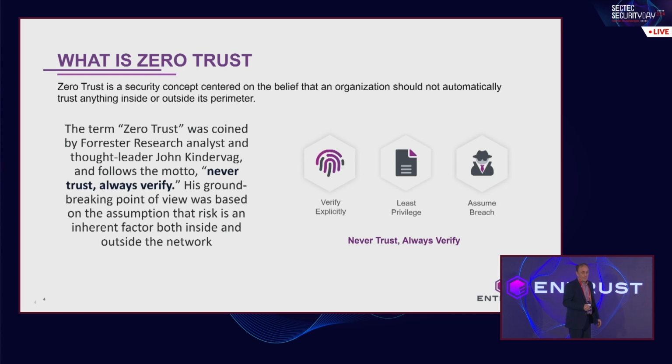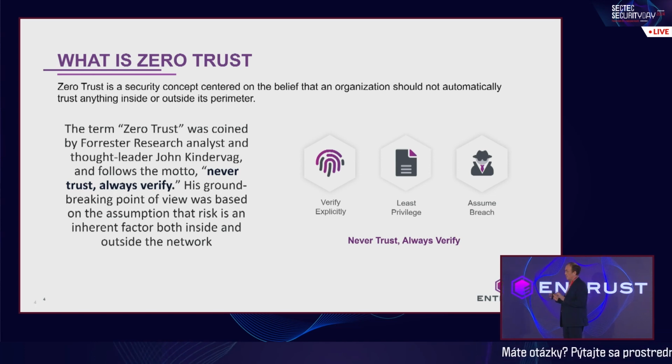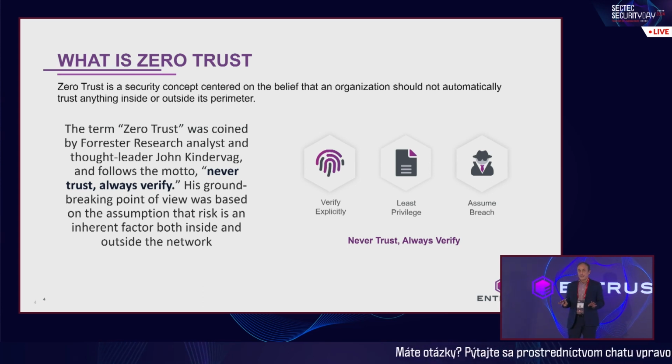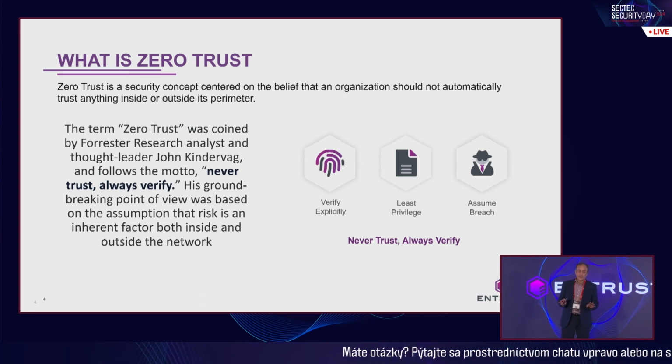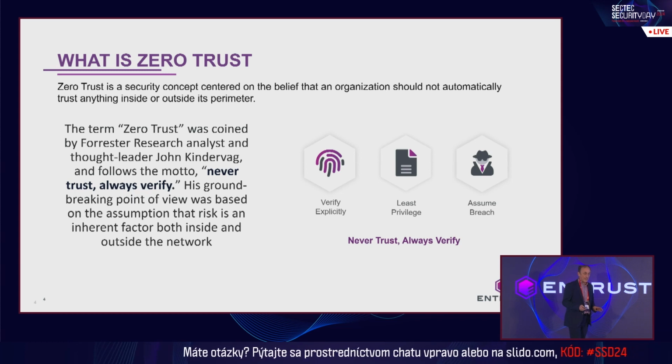So I'm sure all of you know that the Zero Trust concept is quite old. It came from the idea of never trust, always verify. And I think that's a very good first step to be thinking about identity management. And especially now we're moving into a world where we're getting artificial intelligence.